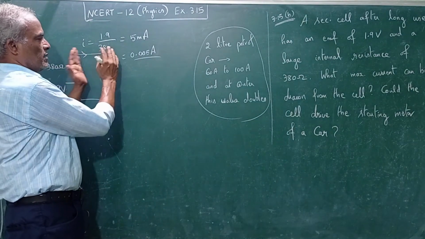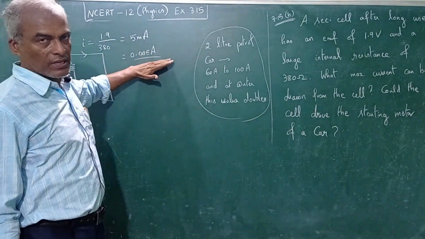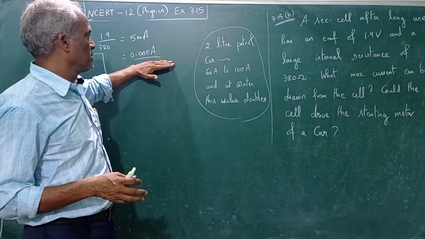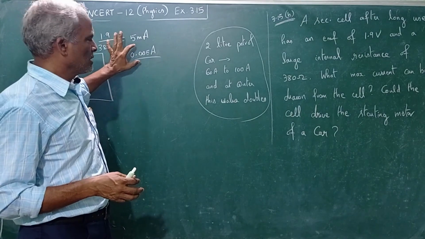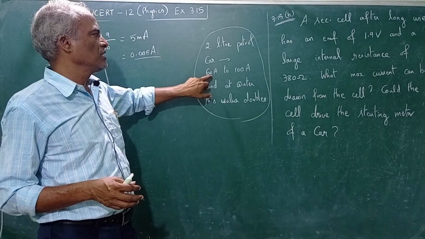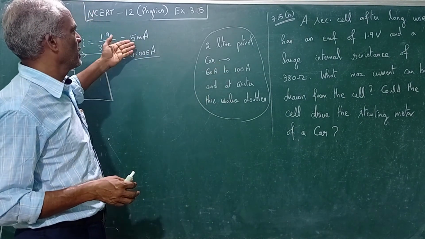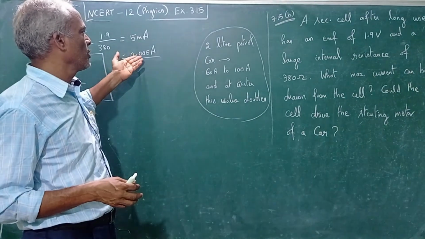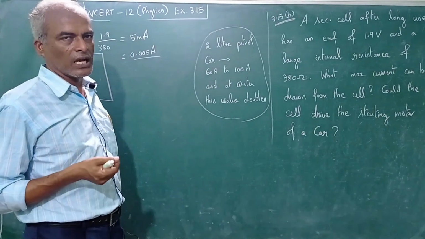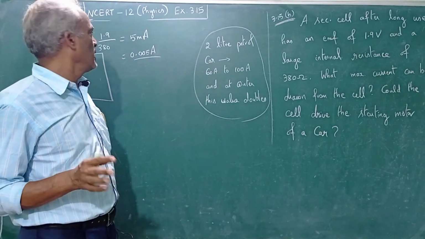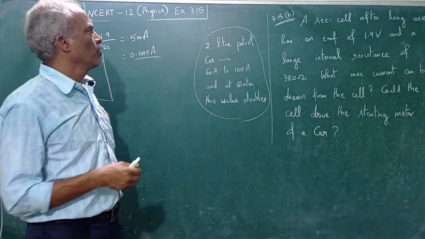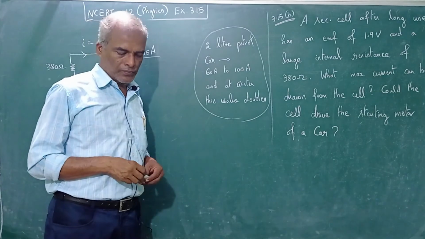If the car is treated as the load, it will definitely have some resistance, but this current is not sufficient because the requirement ranges from 60 amps to 100 amps, but we have only 5 milliamps or 0.005 amps, a highly negligible value. Therefore, we cannot start the car. It is totally impossible. That's all about exercise 3.15 solution. Thank you.